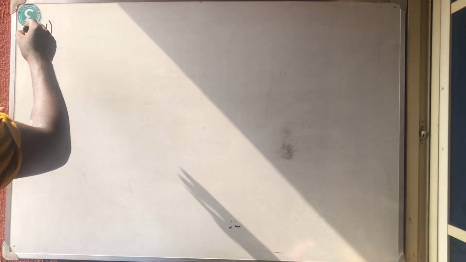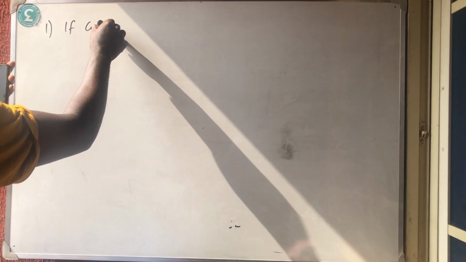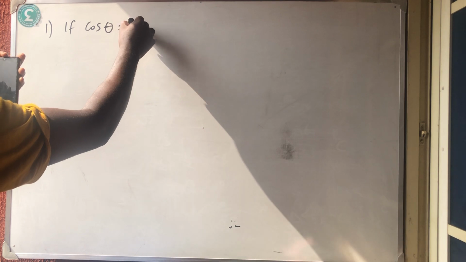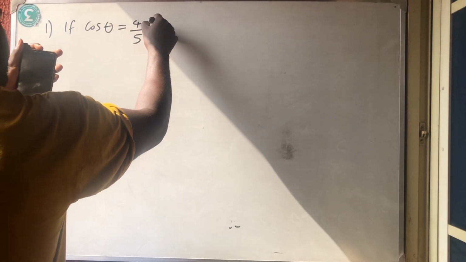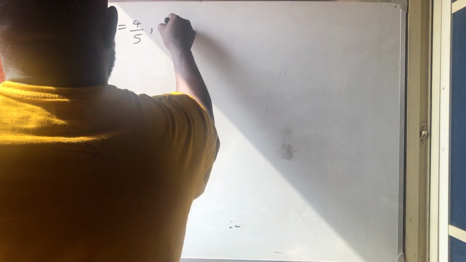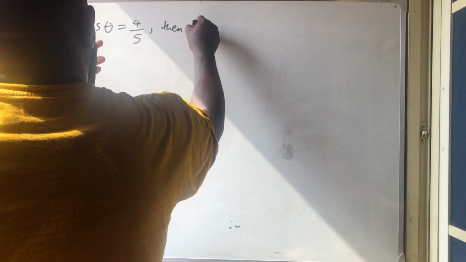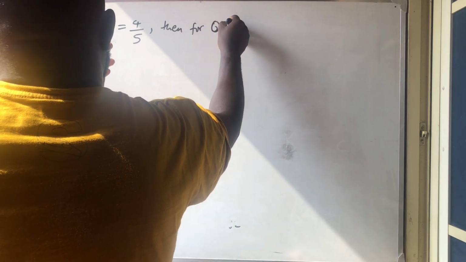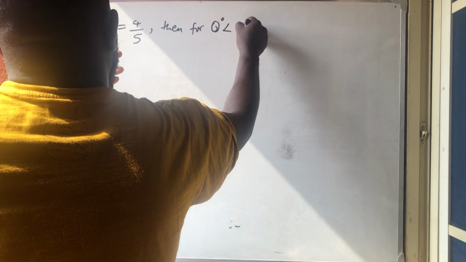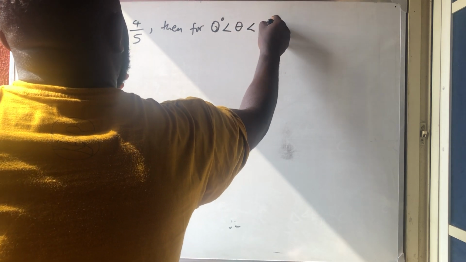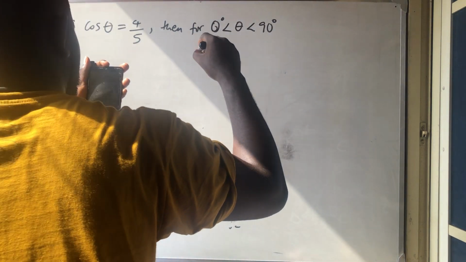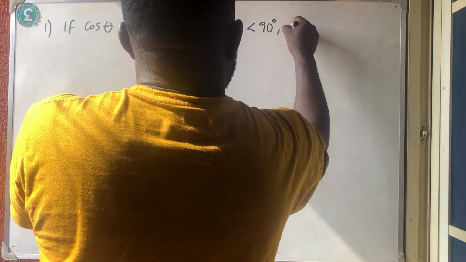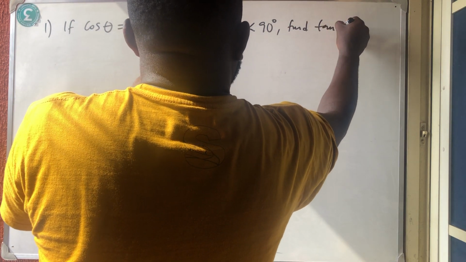Okay, the second question here said that if cos theta is equal to 4 over 5, then for 0 less than theta less than 90 degrees, find tan theta.